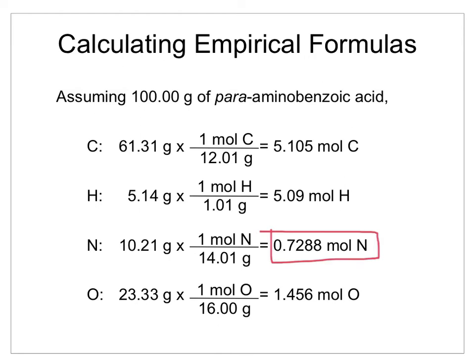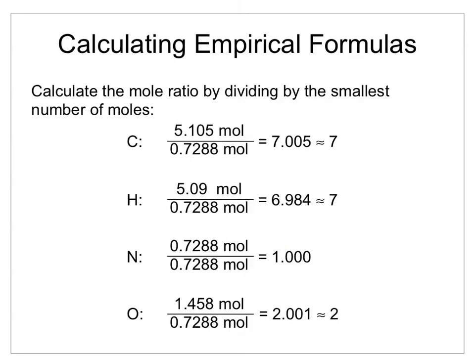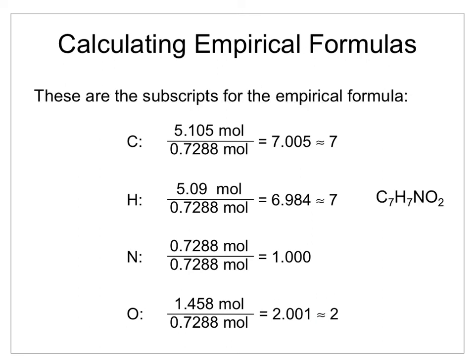To get the simplest whole number ratio for the formula, we will divide all of the molar quantities by the smallest molar quantity, which in this case is 0.728 moles, the amount of nitrogen. When we do this, we get a molar ratio that is the simplest whole number ratio of moles for each element in PABA. This molar ratio serves as the subscripts for the empirical formula of para-amino benzoic acid.